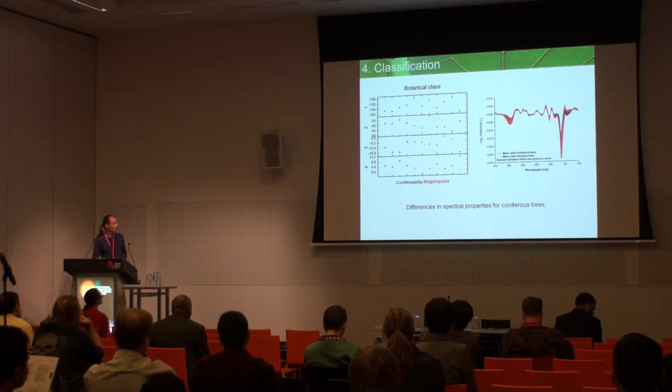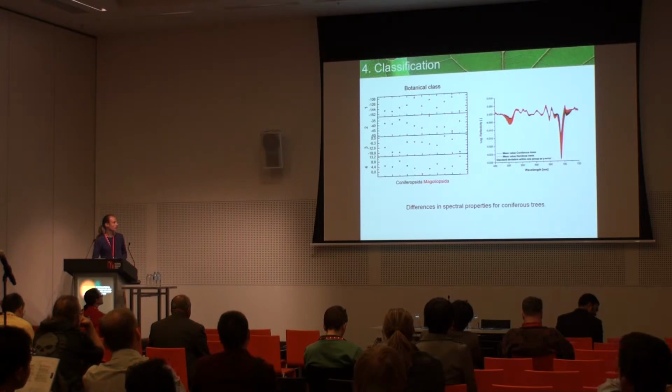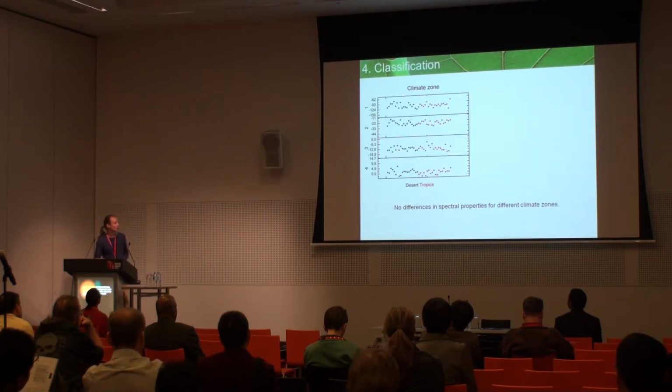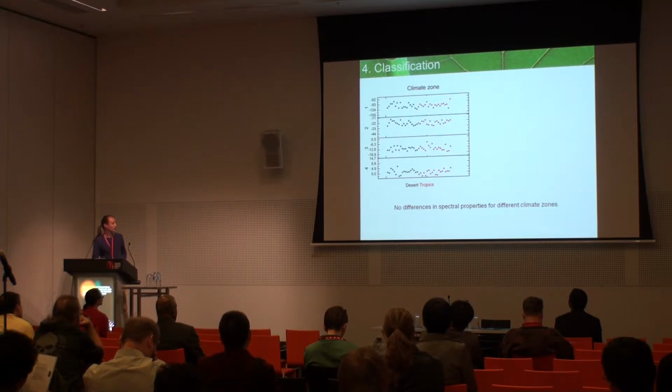I will show the same plot here. You can see that in the red edge region there are differences, but in the rest there are not. And one example where you can't see any differences, this is an extreme example. We looked at plants from the desert and from the tropics, which are typically quite different.